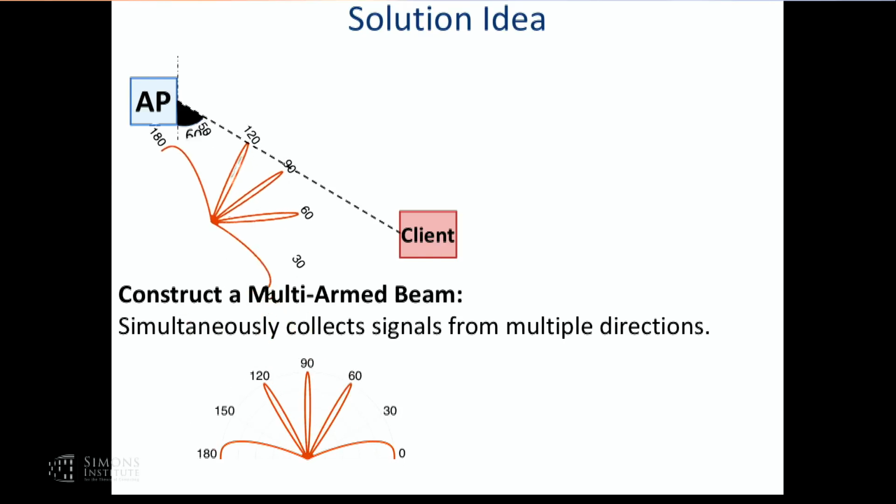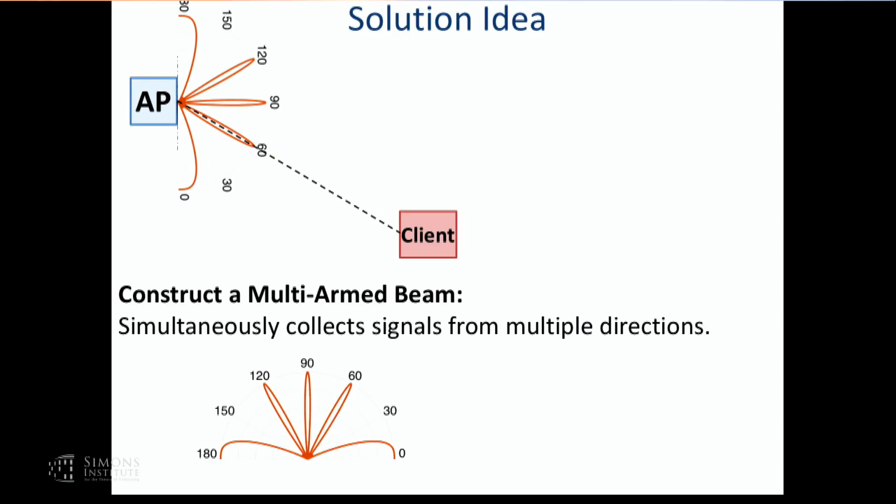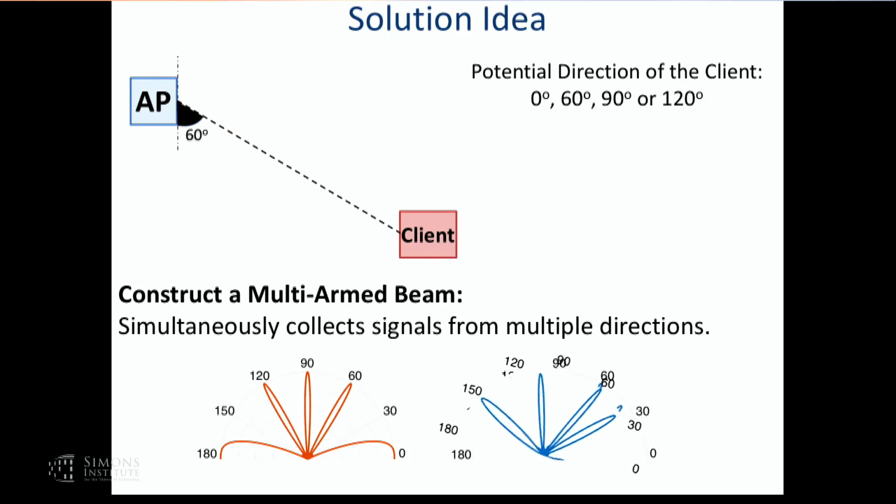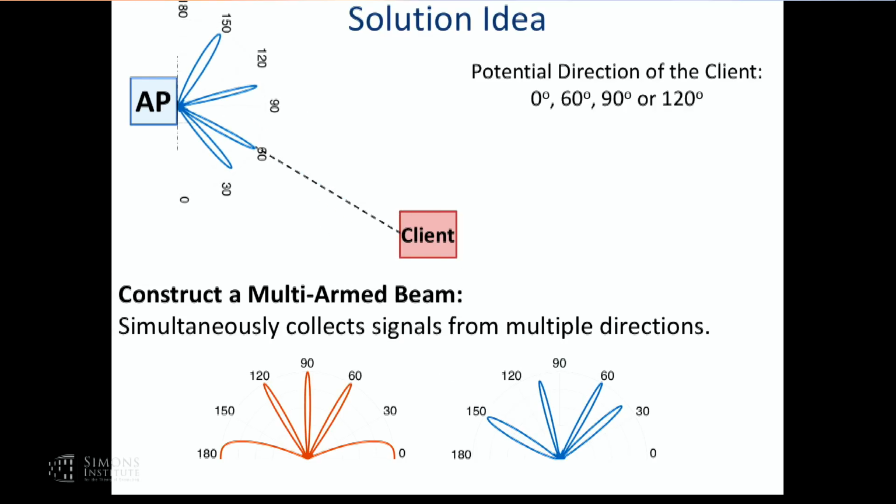If you use that to capture the signal, you'll get some signal, and you can know that potentially the directions are 0, 60, 90, or 120. And if you repeat this a few times with different multi-armed beams, now you know it's 40, 60, 100, or 150. So you can combine this to figure out that, oh, it's 60 degrees.